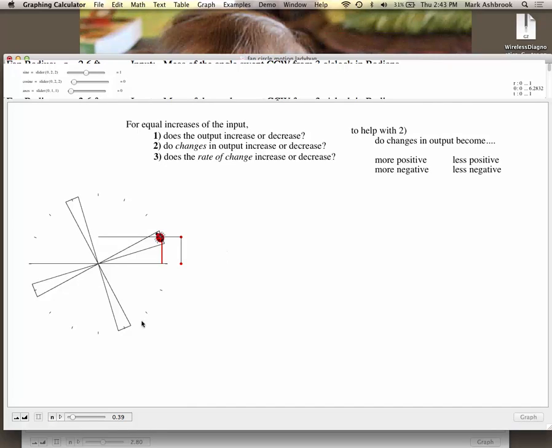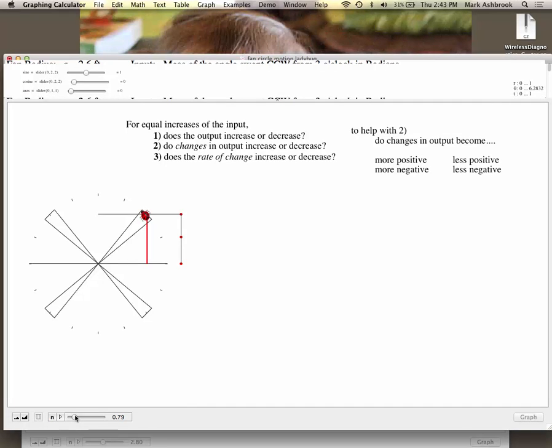Next, equal increment of input. What happened to the vertical distance? Did it increase or decrease? Increased again. How did that increase compare to the previous increase? She says slightly smaller. Agree?